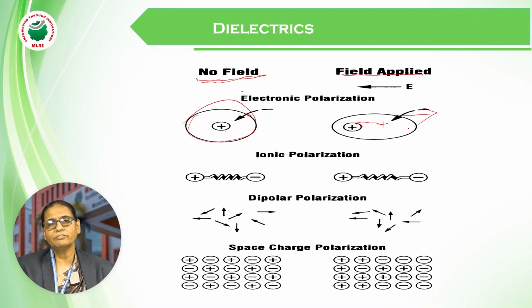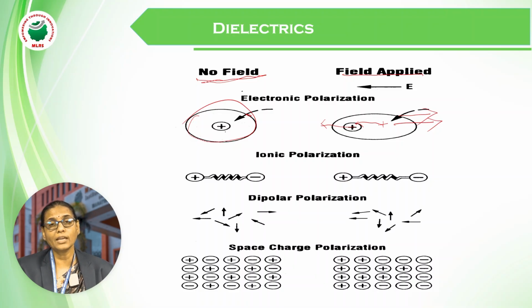That is, we define electronic polarization as the displacement of positively charged particle and negatively charged particle in opposite directions with respect to the applied field. See, this positively charged particle is moving in this direction, and the negatively charged particle is moving in this direction. The displacement produced with respect to the applied field, we are calling electronic polarization.